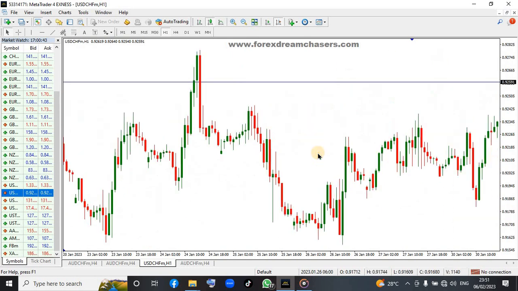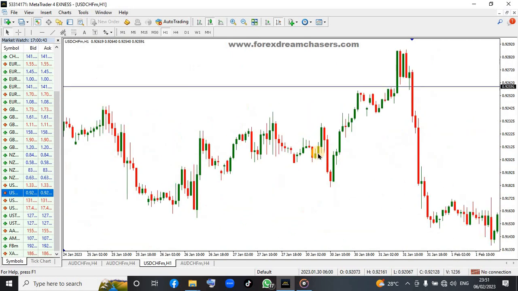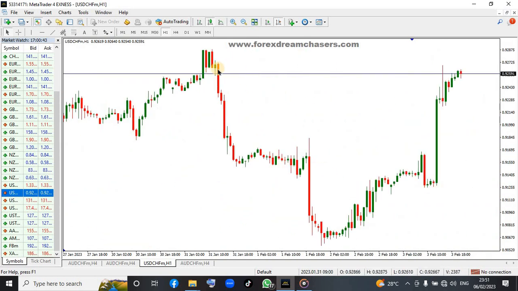I don't see any here. Here is a breakout, but there's no retest.